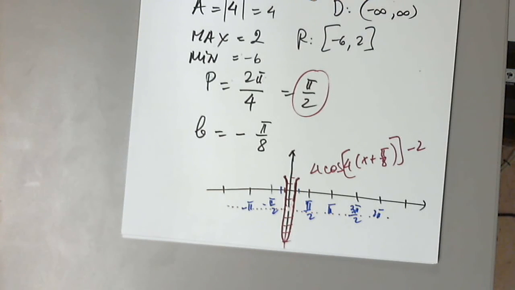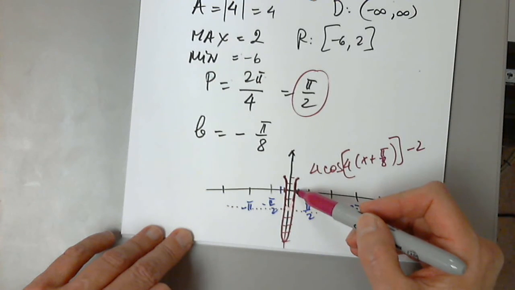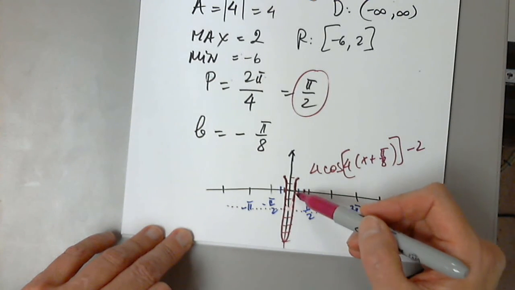Okay, so we have 4 cosine 4, again, parentheses, x plus pi/8. So pi/8. Yeah, but I just realized when I was typing it in, I don't have a pi/2 yet. So this is pi/8, this is pi/8, this is pi/8, and I need 4 pi/8s.